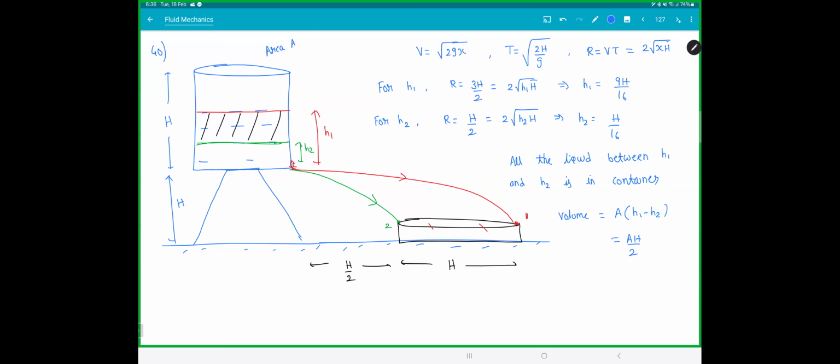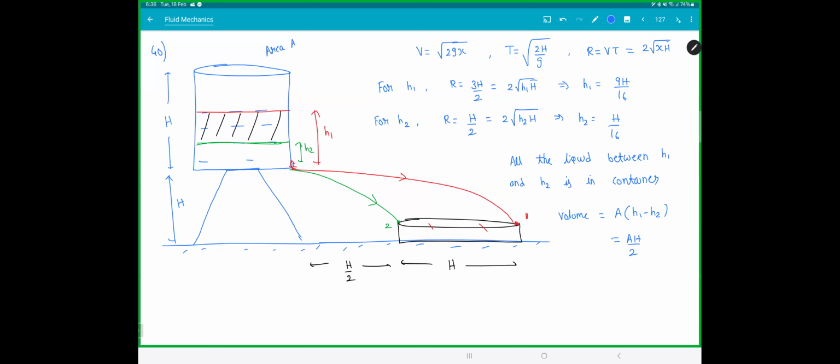Just have a look at this. Is this clear, everyone? Clear? So that's the first part. Question still not over.